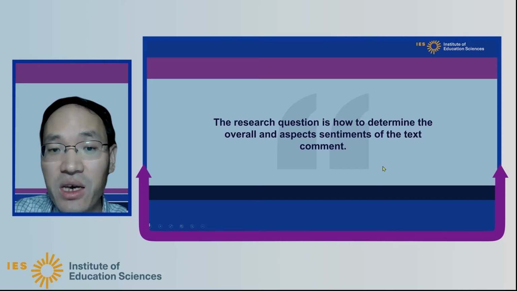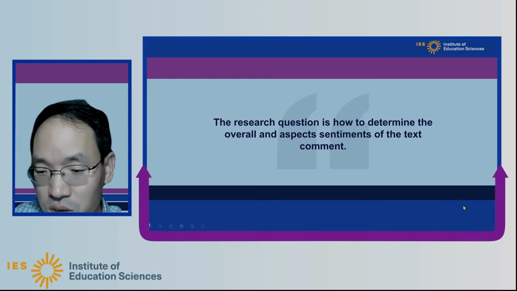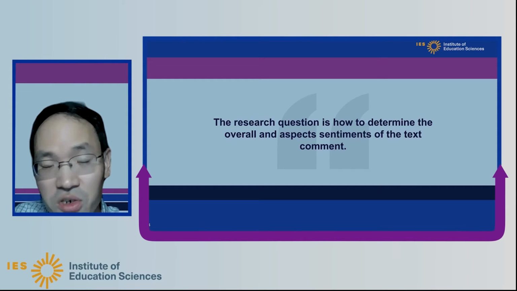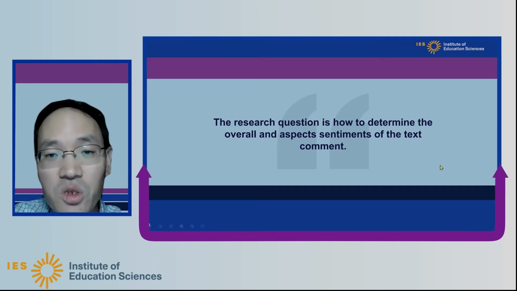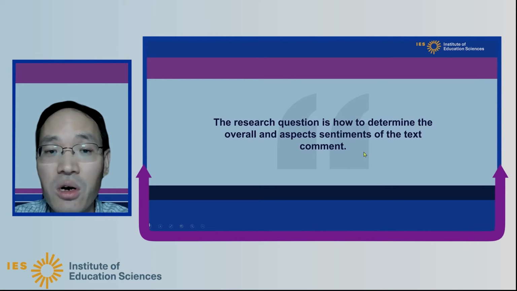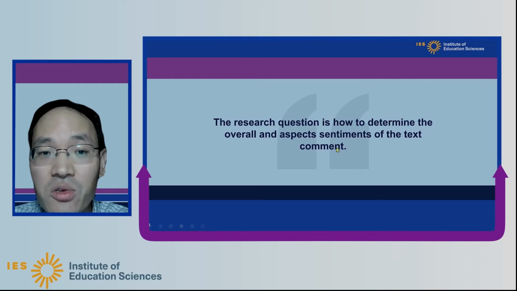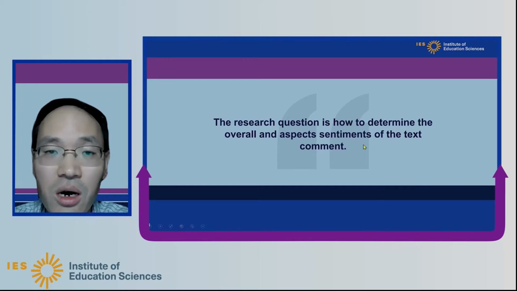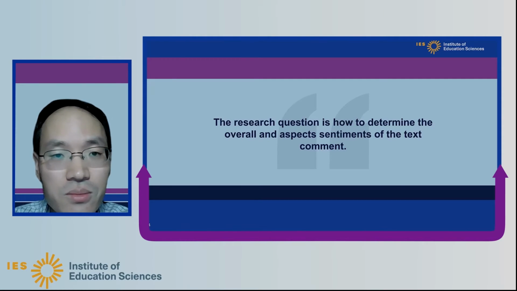And for each aspect, is the aspect positive or negative? So the purpose of our research is to figure out ways to determine the sentiment of the text comments in teaching evaluation.